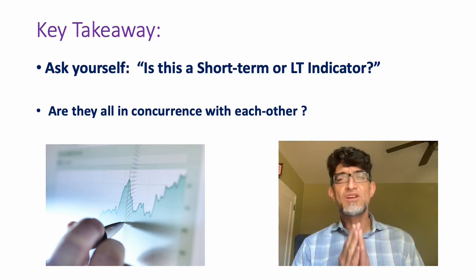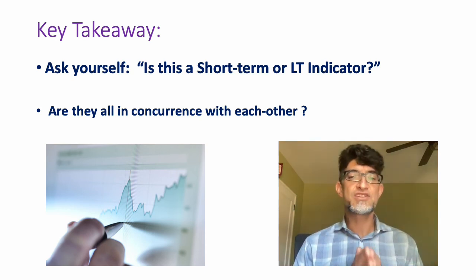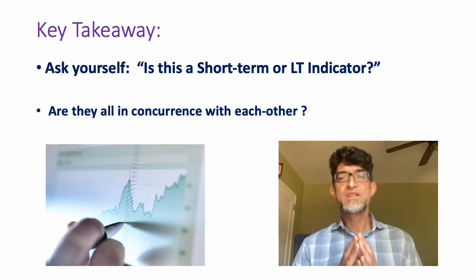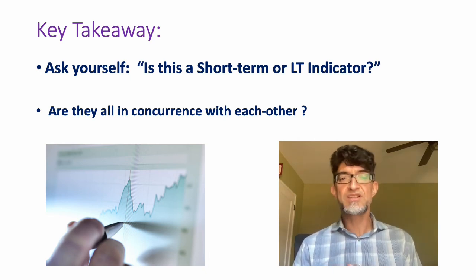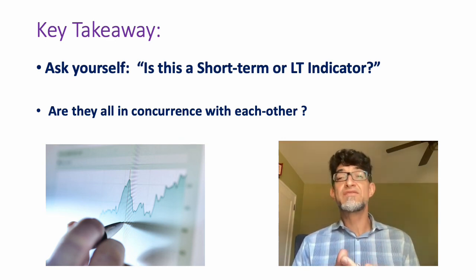I think when you're looking at charts or indicators or anything, always tell yourself, is this a short-term indicator or a long-term indicator? Because if it's a short-term indicator, it could be oscillating a lot and it could be giving a false signal. And if it's a long-term indicator, it's probably a better signal.